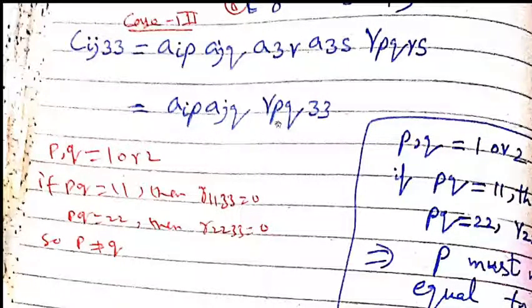suppose you can open the summation on P and Q and check why they are 0, because the components will be equal to 0. That is, you cannot write I here.